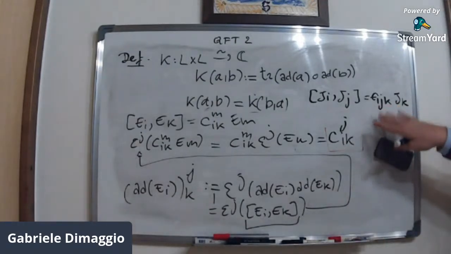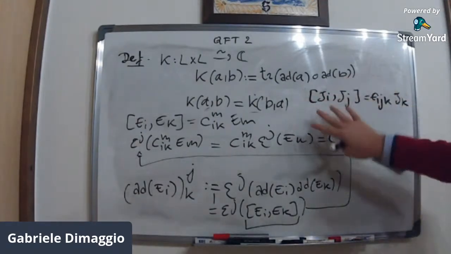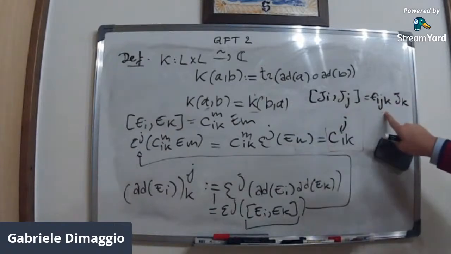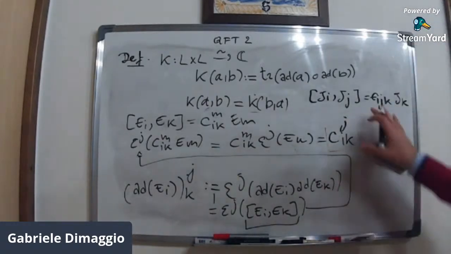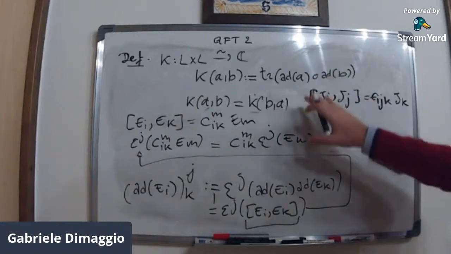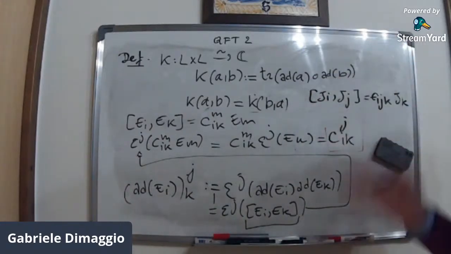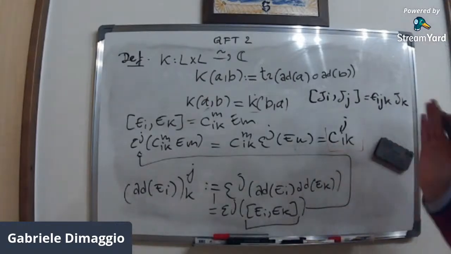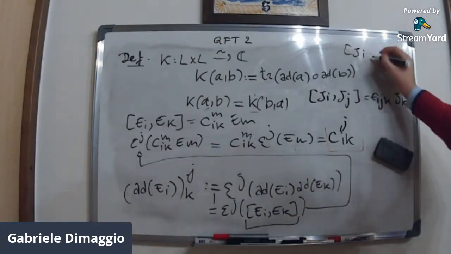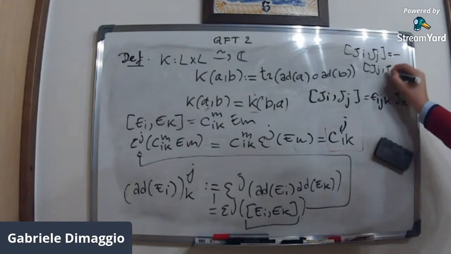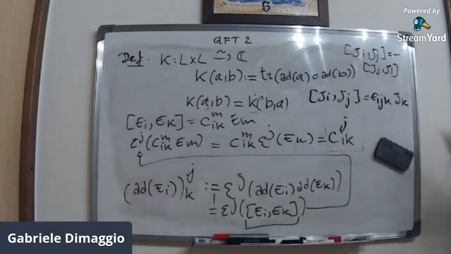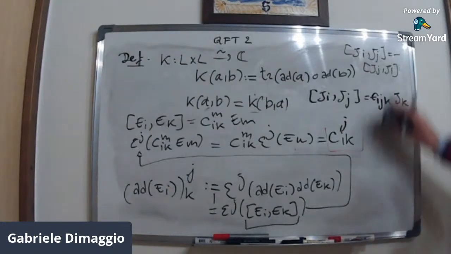Okay, this is an important case, and when this happens, I can talk about a Lie algebra. Of course, I must check that this Lie bracket satisfies the antisymmetry property, [J_i, J_j] equal to minus [J_j, J_i]. This is a very important property of the Lie bracket, and then I have the Jacobi property too. Okay.